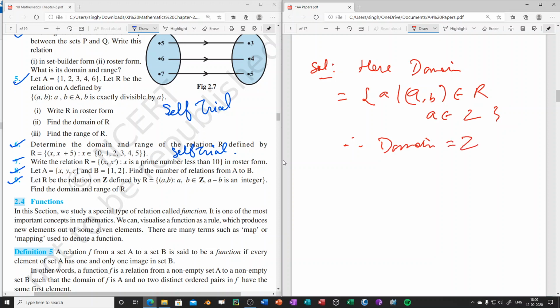Similarly, we will find the range. Range equal to the collection of all b such that the ordered pair (a, b) belongs to R and b belongs to Z. So that means this is nothing but the collection of all integers. So that is equal to Z. So this is the solution of question number 9. So with this, the exercise is complete.